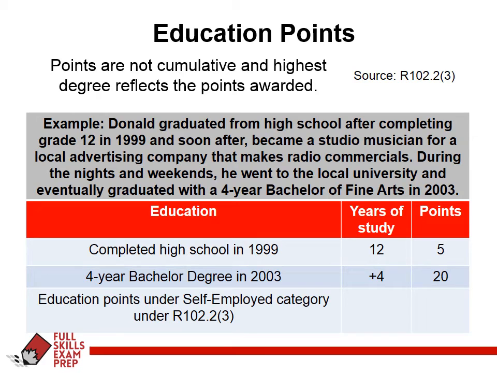And you might have noticed that the points says it's at least 14 years of study, but he obviously exceeds that. So the points that he would get under this one would be 20. It wouldn't be 25. Remember, that's not cumulative. It's the highest degree that reflects the points awarded.